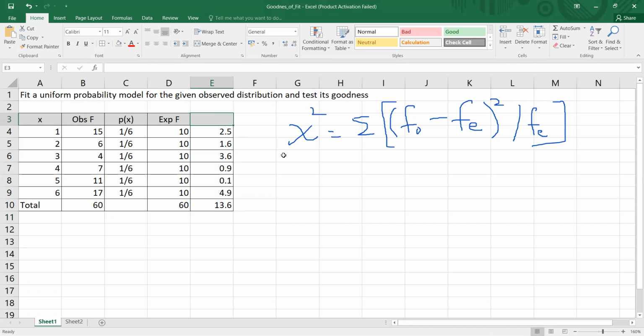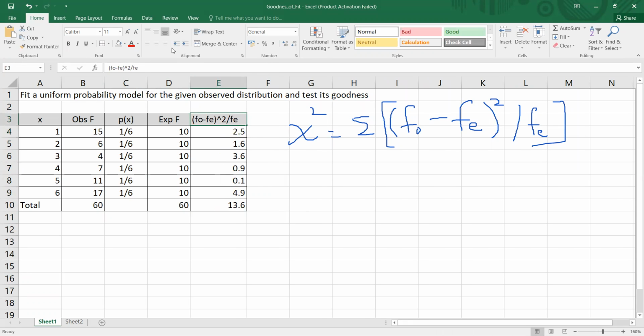So this is called FO minus FE, FO minus FE whole square divided by FE. This is the way of writing the formula, but the summation will not be shown on the top because summation is basically the total of this column.